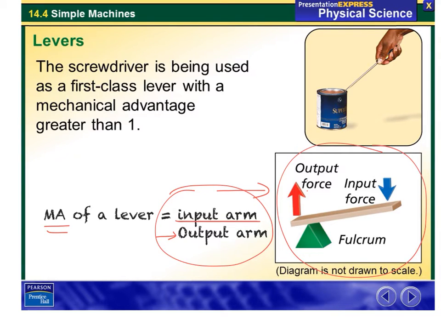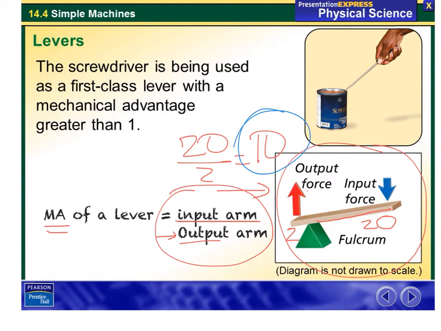Let's pretend that our input arm is 20 centimeters long and that our output arm is 2 centimeters long. So 20 divided by 2 equals 10. This means that the mechanical advantage of this lever here is 10.